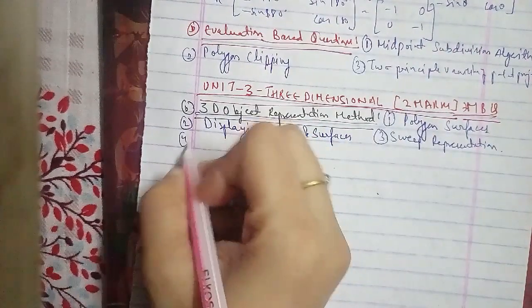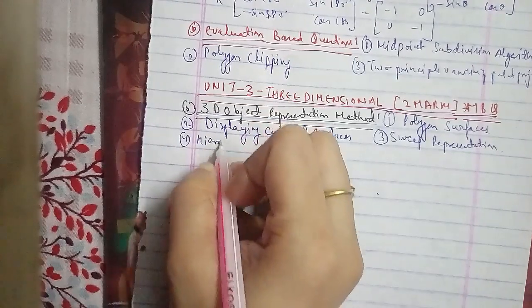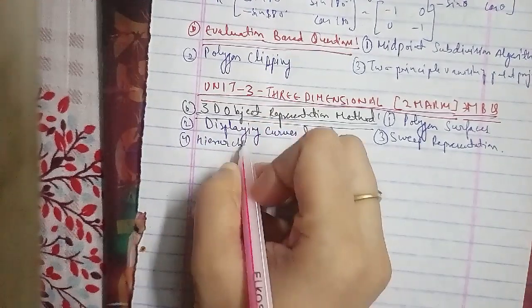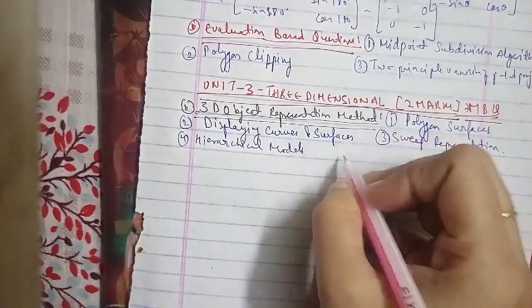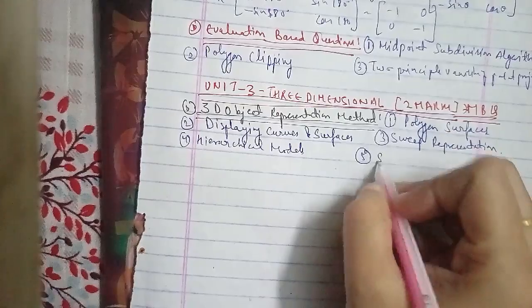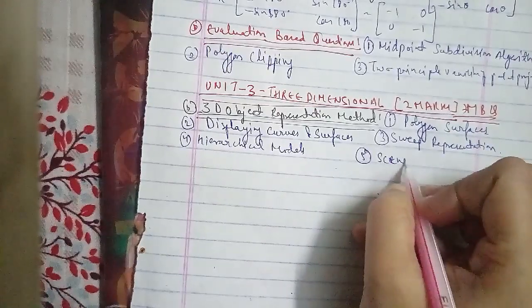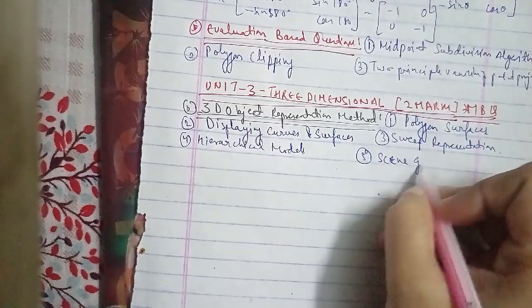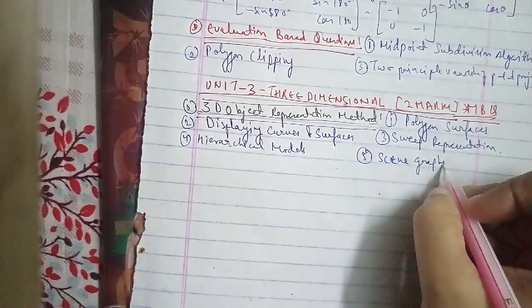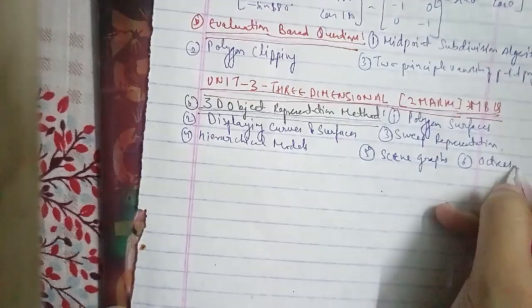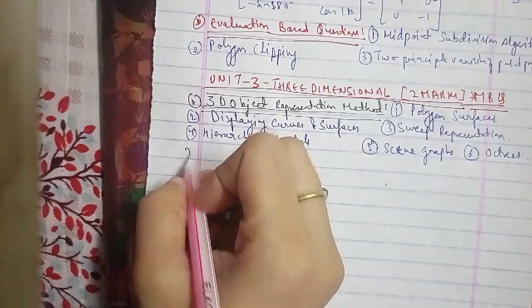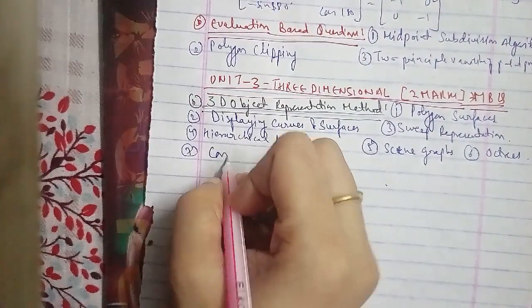The fourth is the hierarchical model. The fifth is the scene graph. The sixth is octrees, and the seventh is constructive solid geometry.